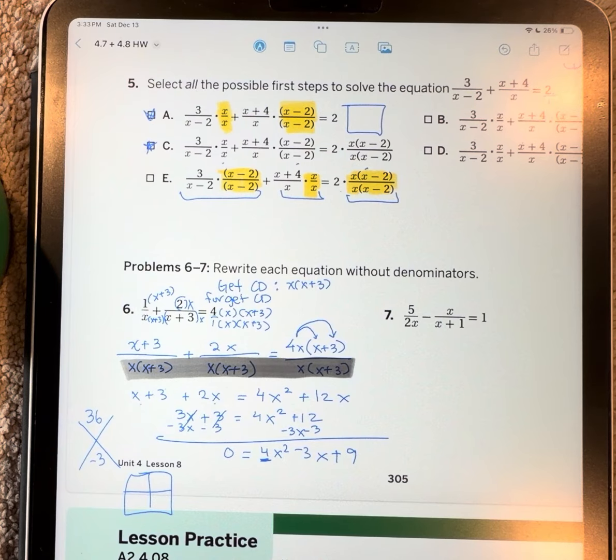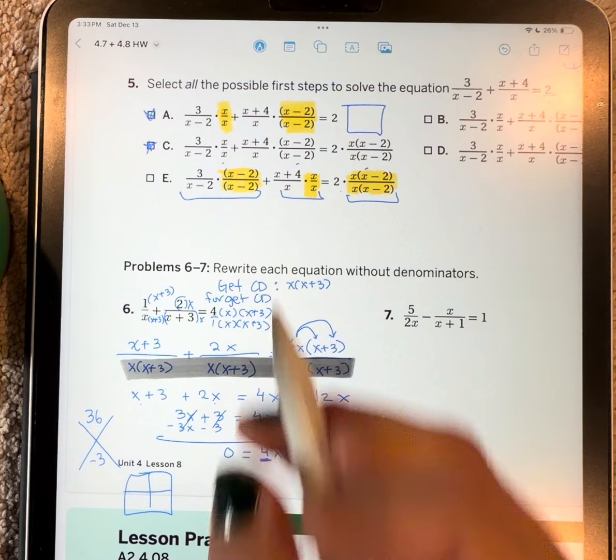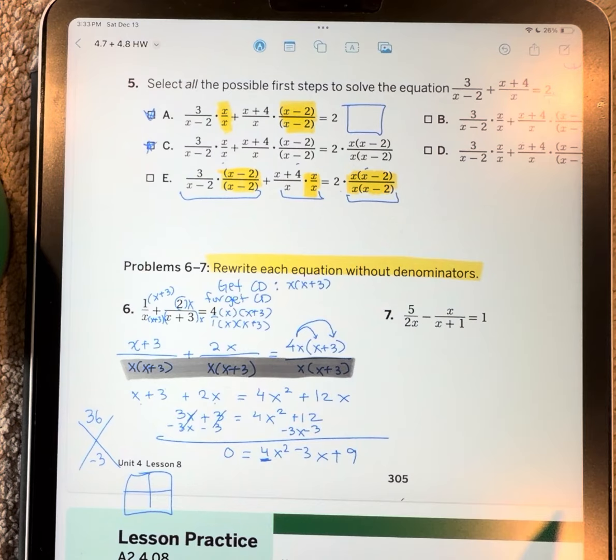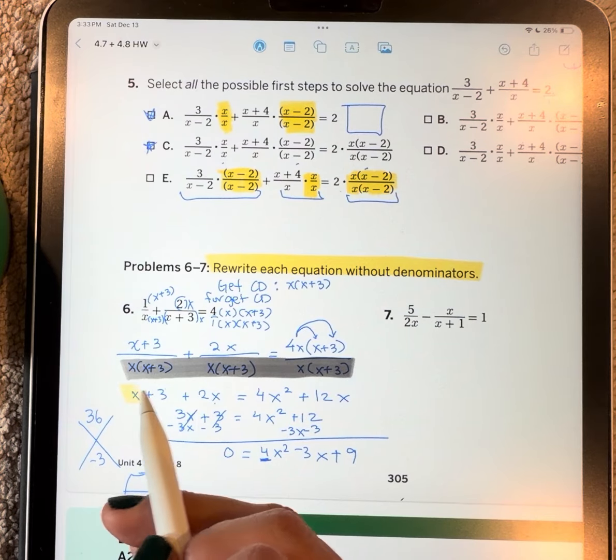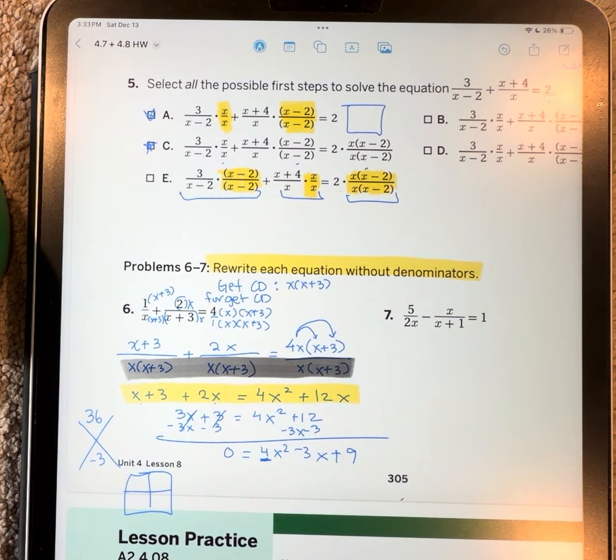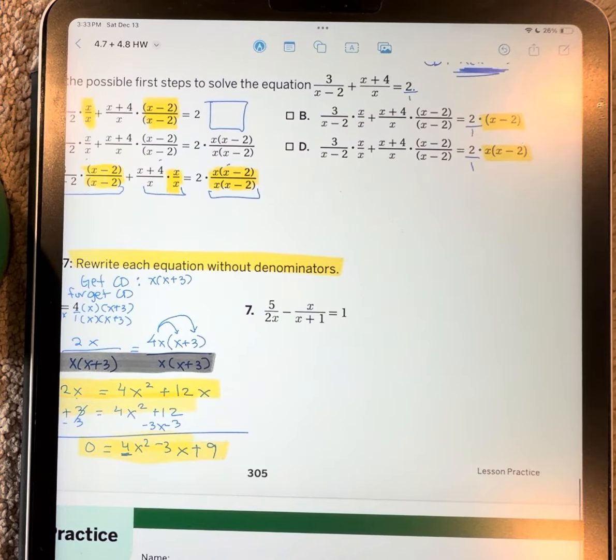Oh, does it not factor? Wait a minute, we're not solving. We are not solving. We're just rewriting it without denominators. So technically, I was done here. Or here. Or here. But I don't have to solve. Okay, thank goodness. Because it didn't look like it was going to be nice.